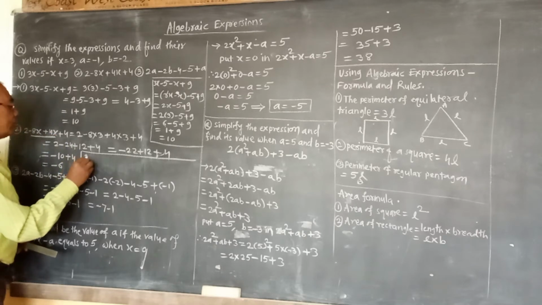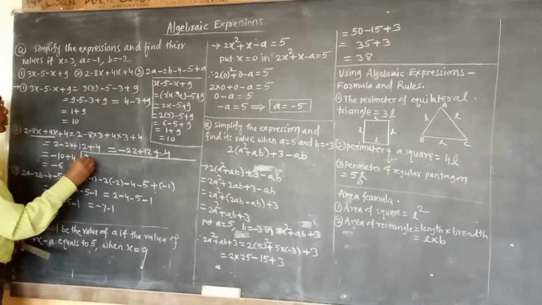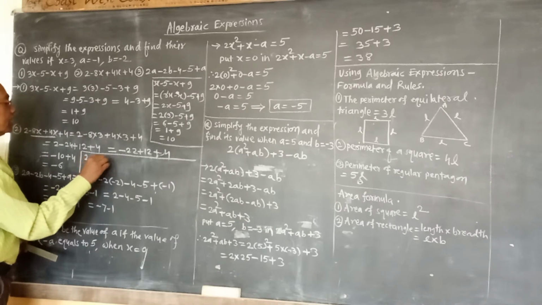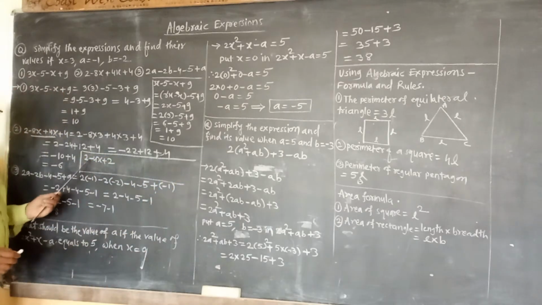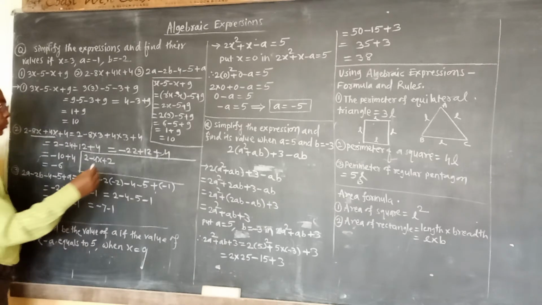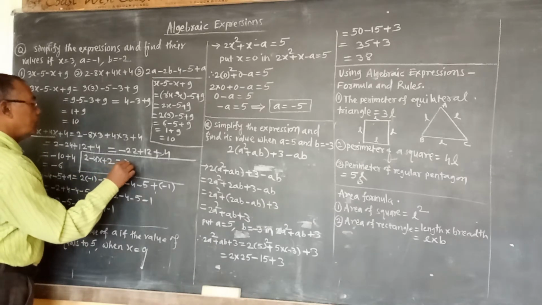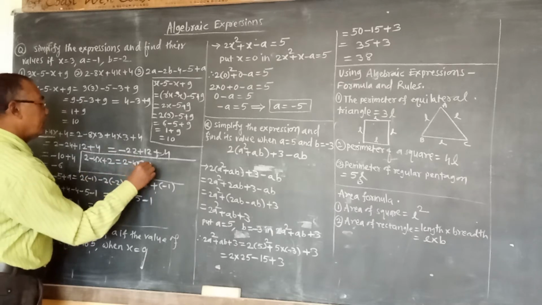Here we can write 2 minus 4x plus 2, and plus 4. So 2 minus 4x plus 4 is equal to 2 minus 4 into x, which is 3, plus 4.